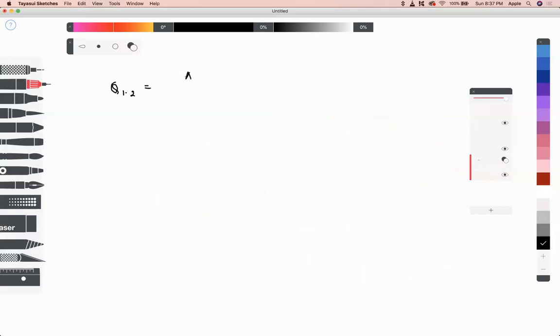So this will be A into sigma into T1 to the power 4 minus T2 to the power 4 divided by 1 upon epsilon plus 1 upon epsilon minus 1 plus 1 upon epsilon plus 1 upon epsilon minus 1. This is with respect to one shield.